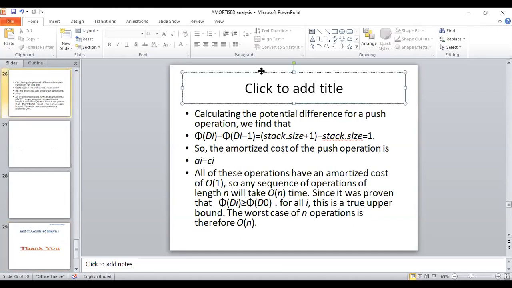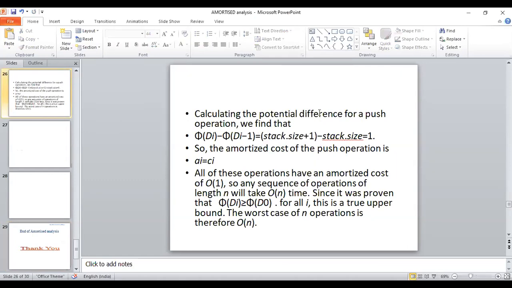Now see this one, calculating the potential difference. Calculating the potential difference for a push operation, we find that phi of di minus phi of di minus 1 is equal to stack size plus 1 minus stack size, which is equal to 1.